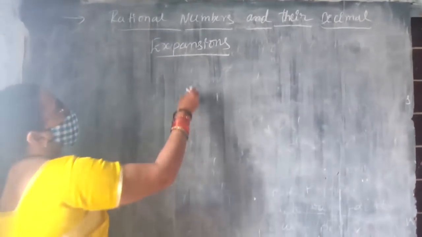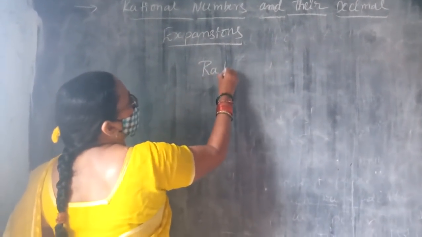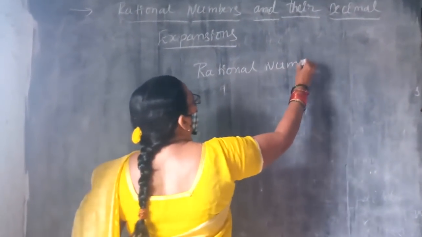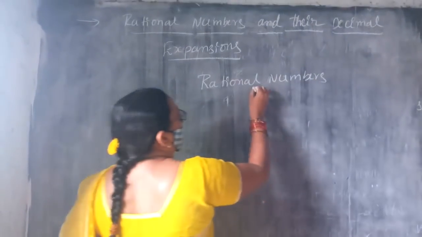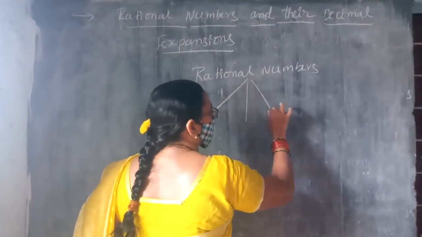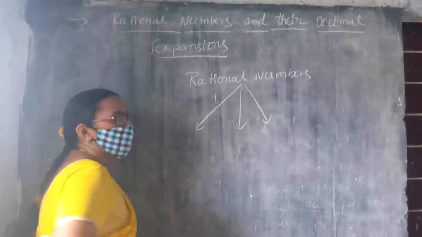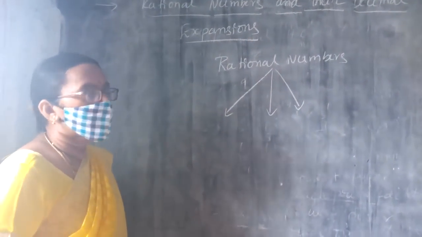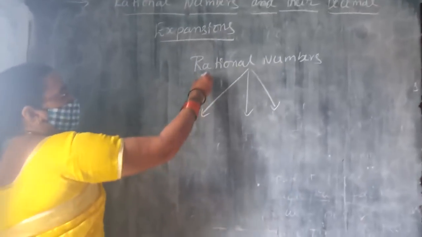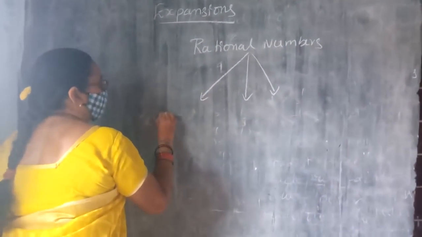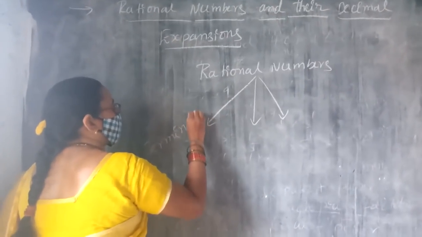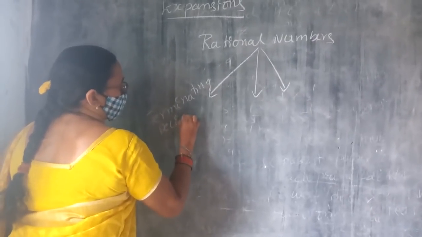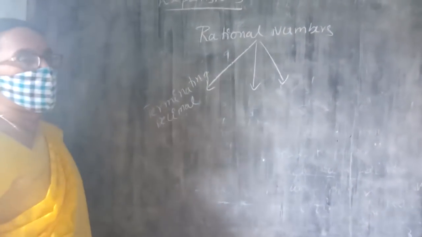Rational numbers. If we change the rational numbers into decimal numbers, the result occurs in three ways. That is, terminating decimal.